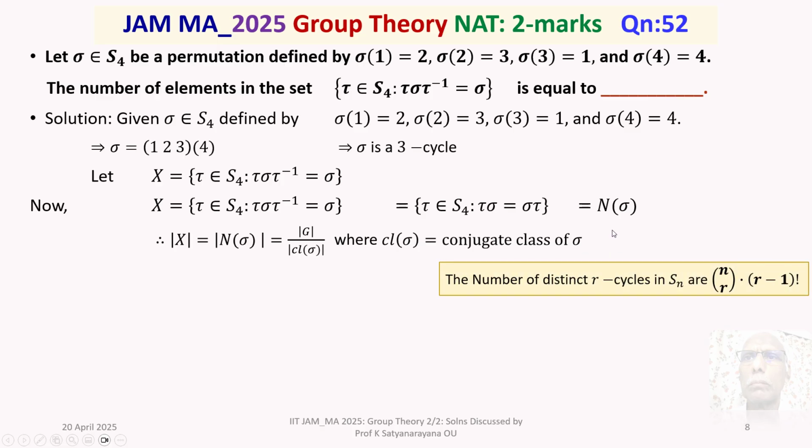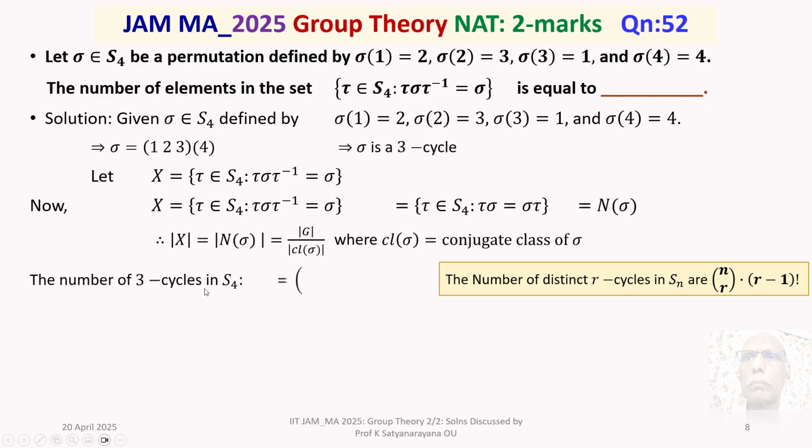Right. And remember, how many r-cycles are there in Sn? It is a general result. The number of distinct r-cycles in Sn is nCr multiplied by (r minus 1) factorial. Why do we require this? Because we are talking about 3 cycles. So how many 3 cycles are there in S4? That's what we want.